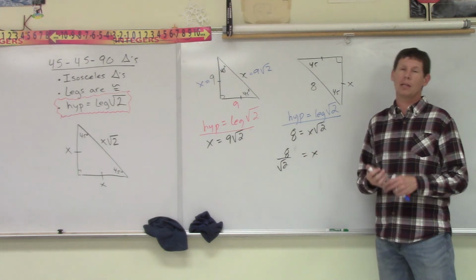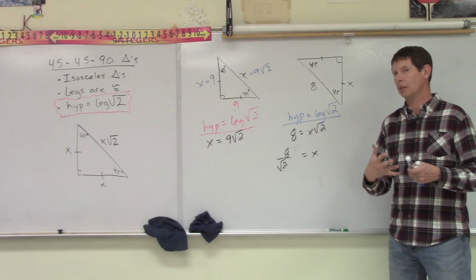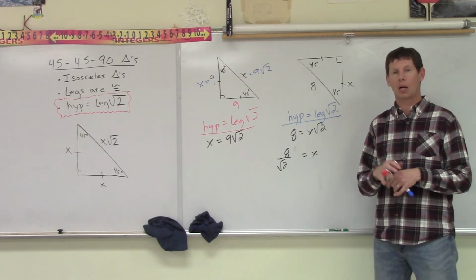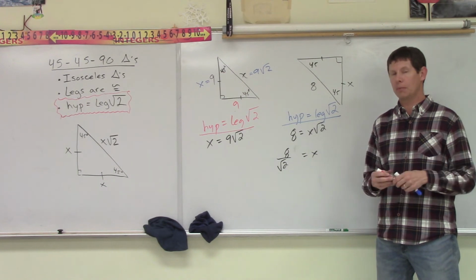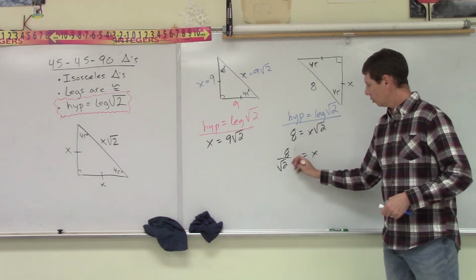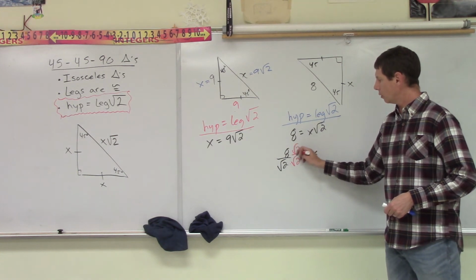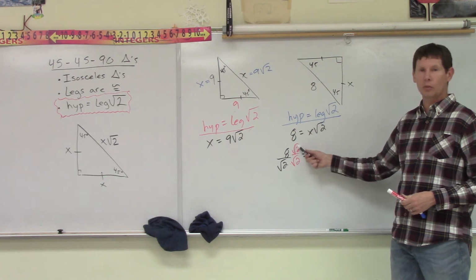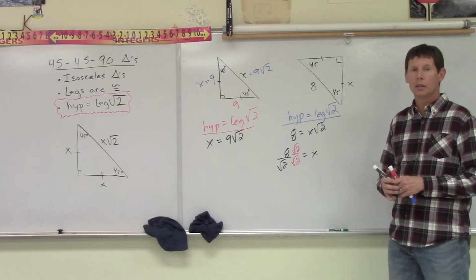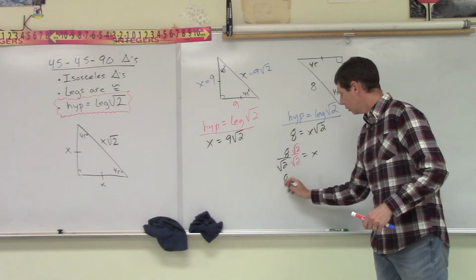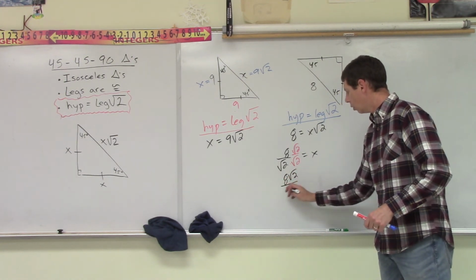But now I have to analyze it. This is almost more like we're working with our skills, simplifying, using radicals, than anything. So if we multiply both the numerator and denominator by the square root of 2, because really that's just a version of 1, square root of 2 over square root of 2 is 1, we're creating an equivalent fraction: 8 times the square root of 2 over 2.